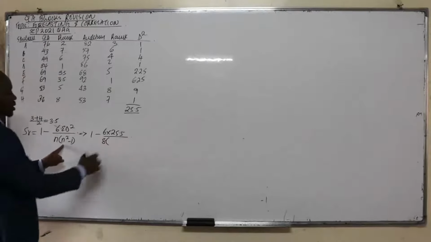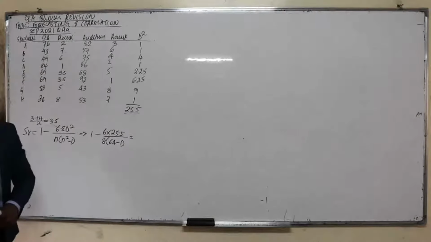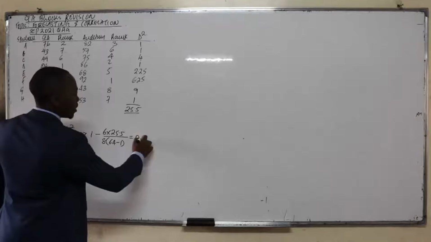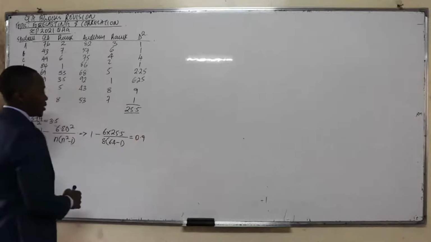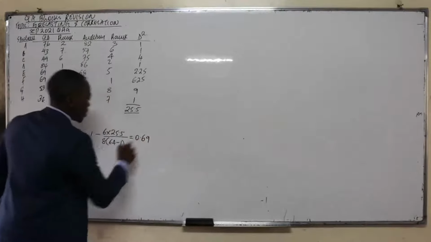There were 8 students, then 8 squared is 64, minus 1. Then 1 minus the answer, so 0.69.